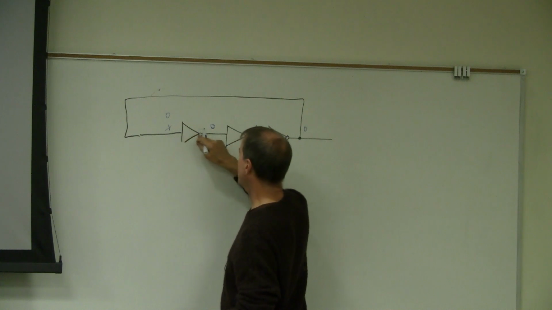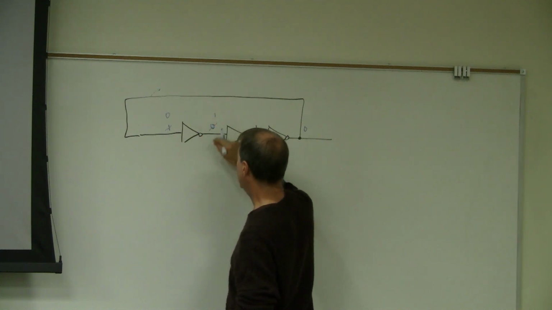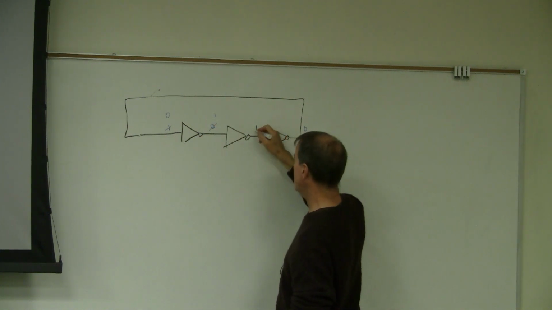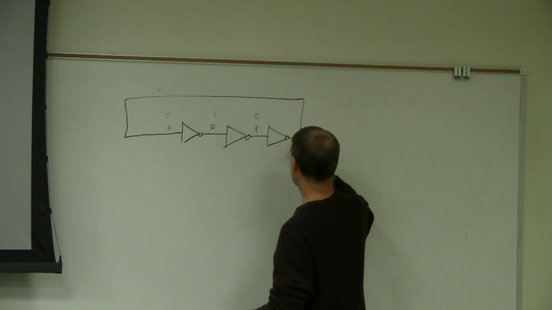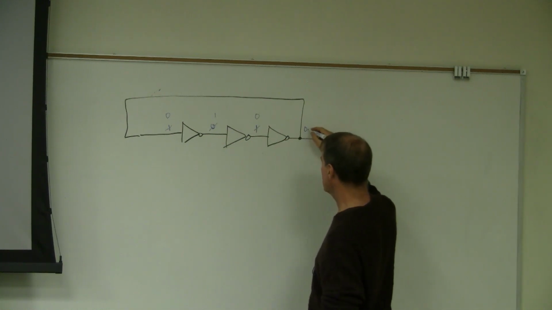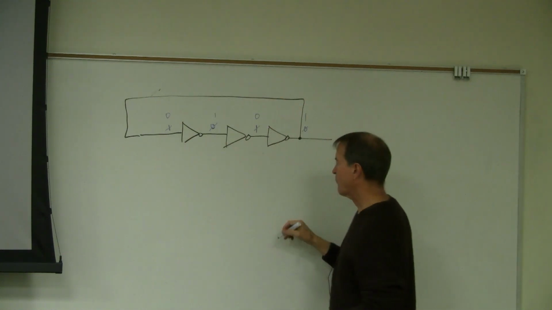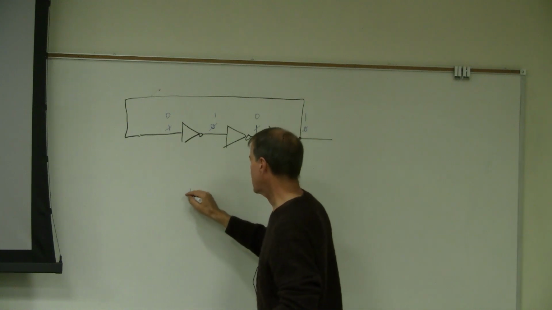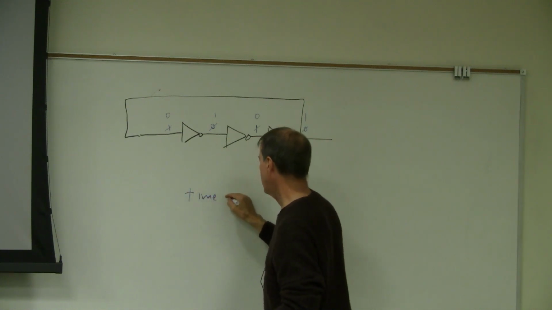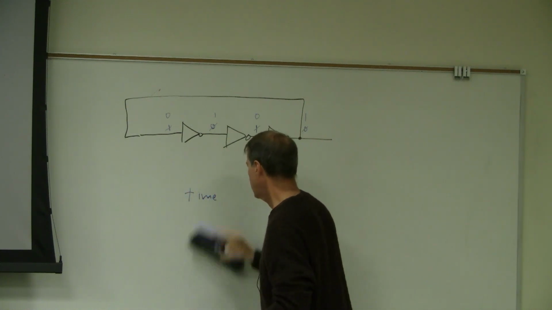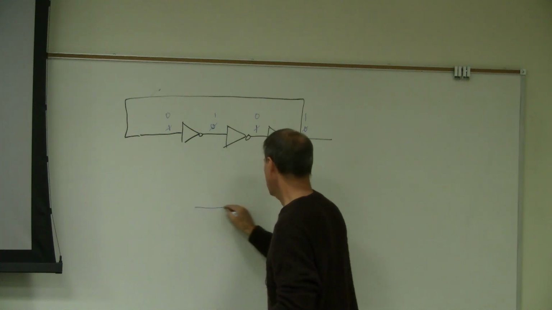And then one gate delay later, this would be 1. And one gate delay later, this would be 0. And then one gate delay later, this would be 1. But then, boom, boom, boom. So if you looked at this in time, so if you looked at this.